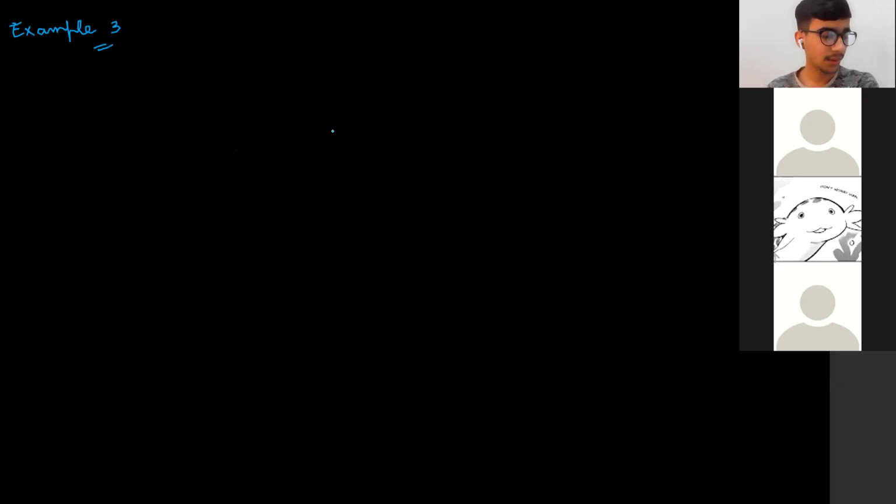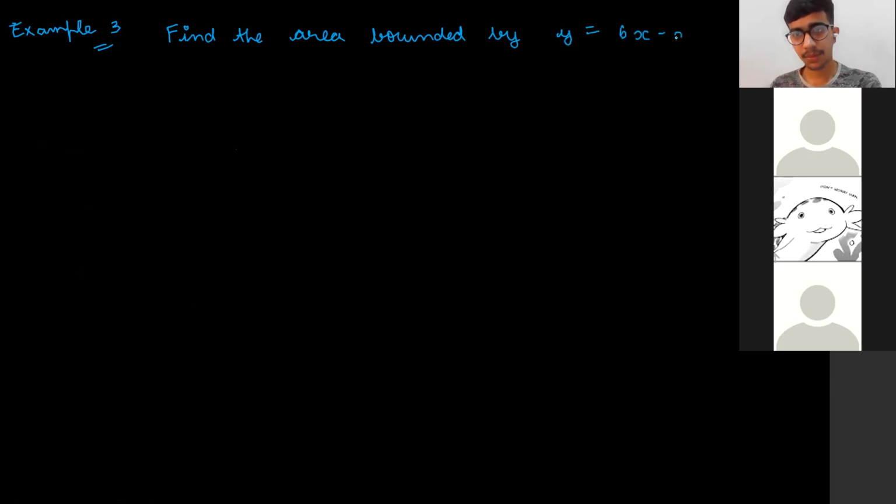Yeah. So the next question is, find the area bounded by y is equal to 6x minus x square and y is equal to x square minus 2x.